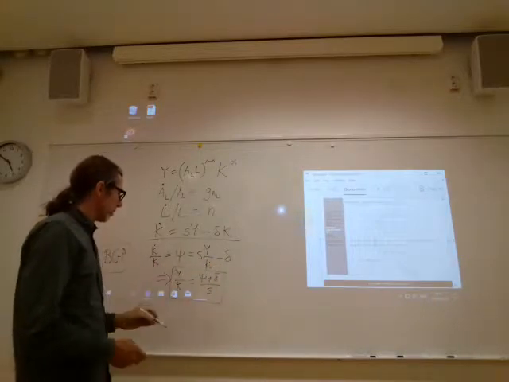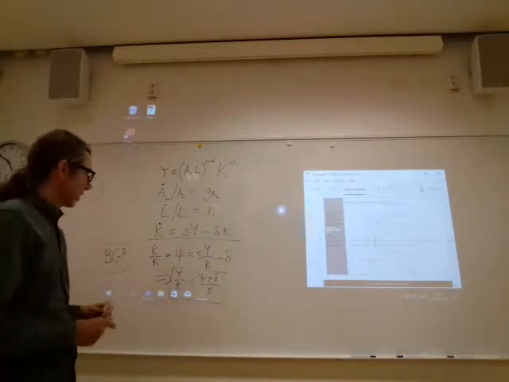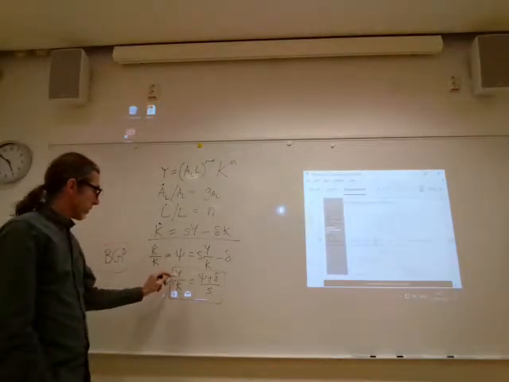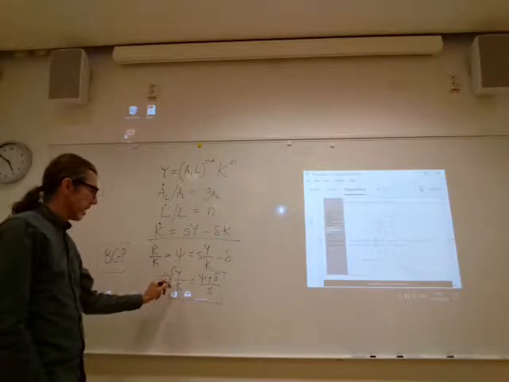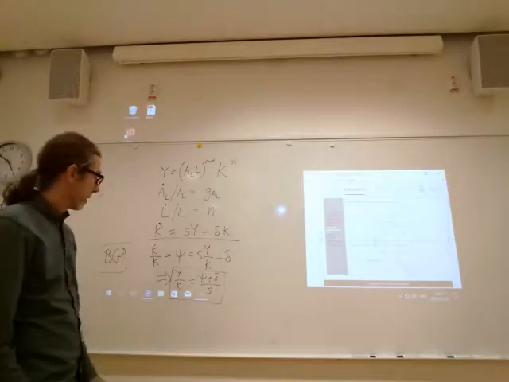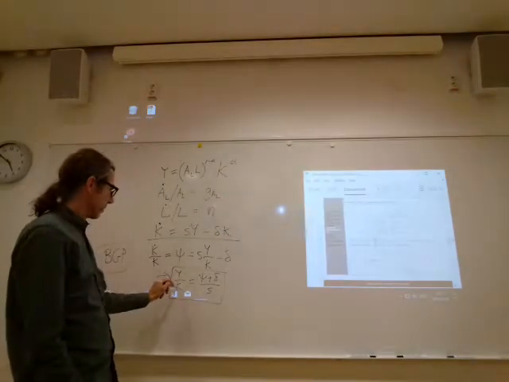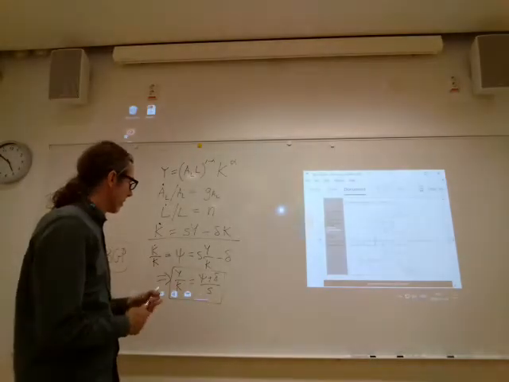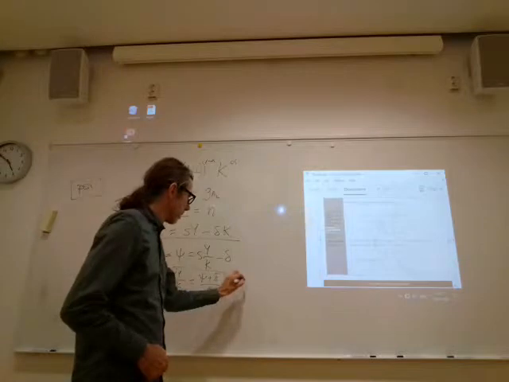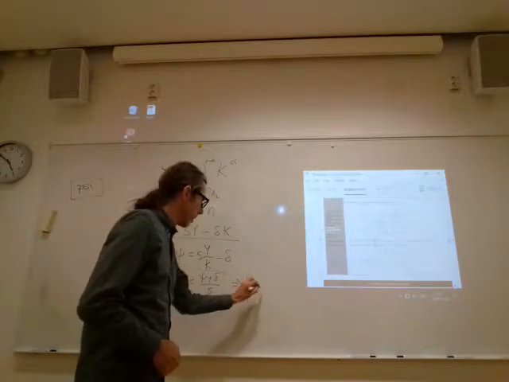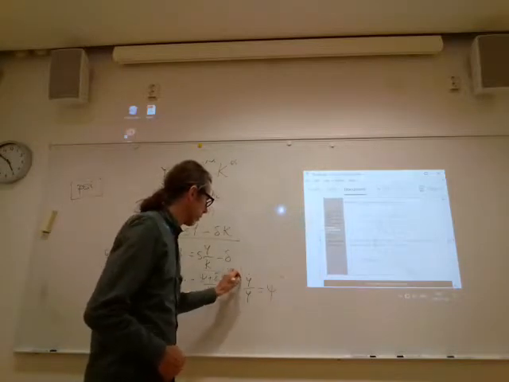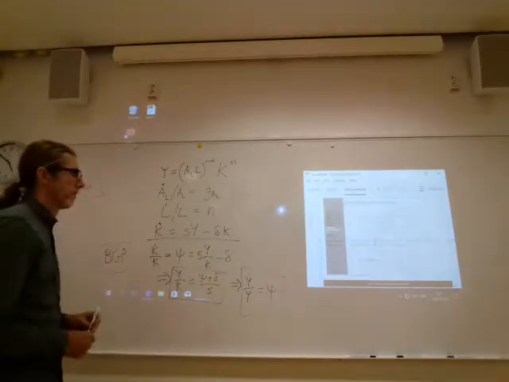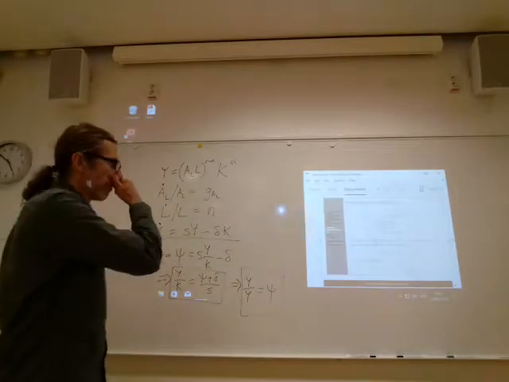So that means that y over k is constant. Which means that y must be growing at the same rate as k. So if k grows by 2%, y must also grow by 2%, right? So that means that y dot over y must also be equal to psi.